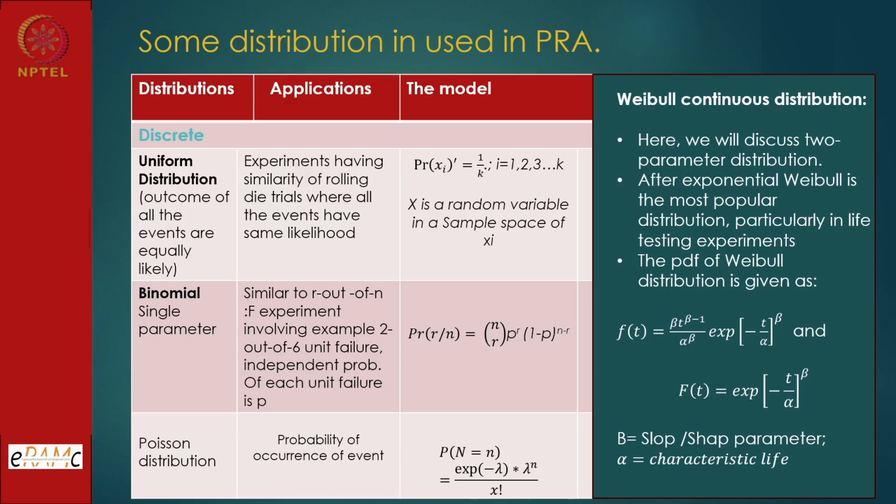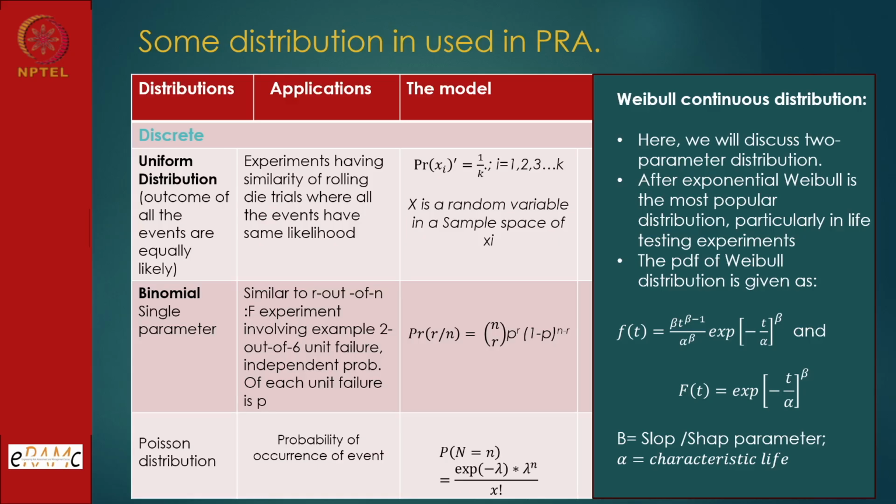So we have the uniform distribution, where the probability of each event is the same. A simple example is rolling a die. If you could theoretically do infinite experiments, you would find that the probability of each number from 1 to 6 is the same.